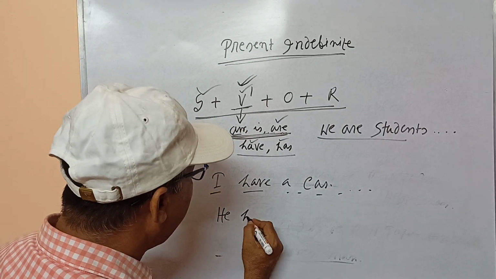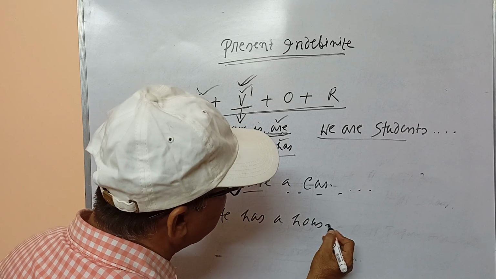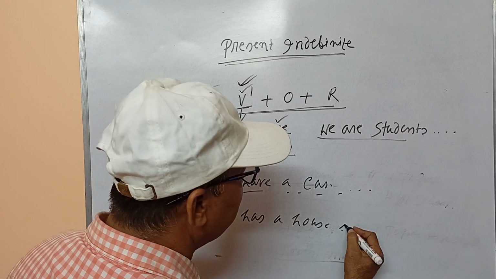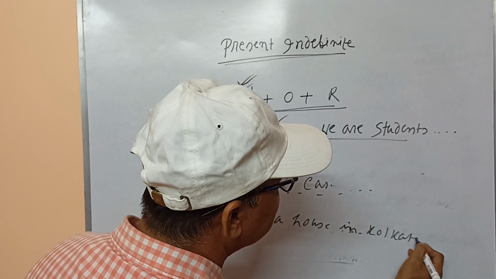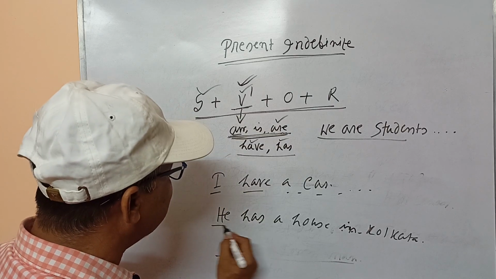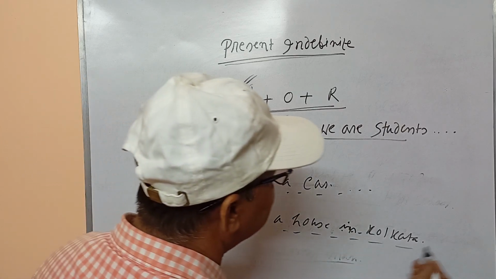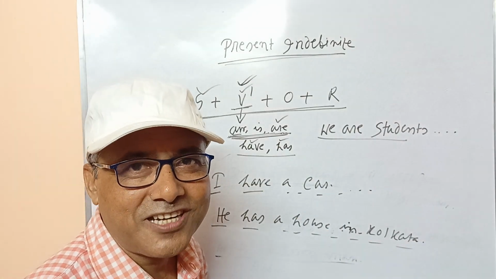He has a house, if you want to create, in Kolkata. See, so here I have used have, and again subject has, and then object and other parts of the sentences.